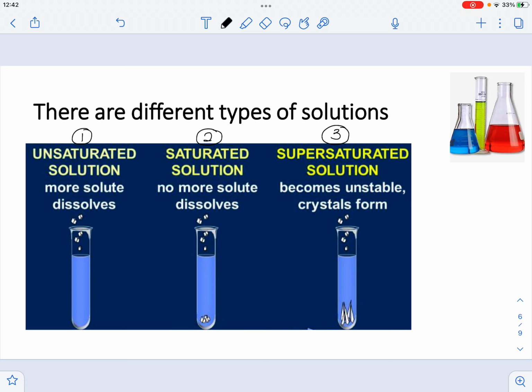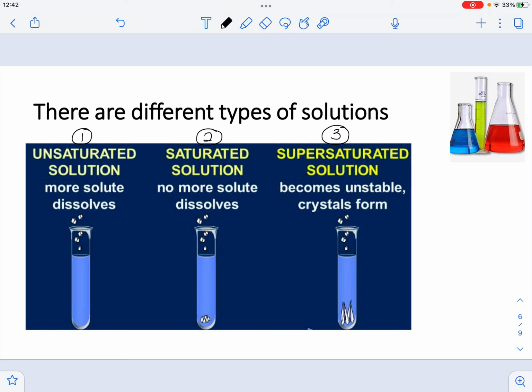In the case of a saturated solution, because that solvent has the maximum amount of solute that it can hold, no more solute is going to dissolve. And at times in saturated solutions, we see some of the solute in the bottom.